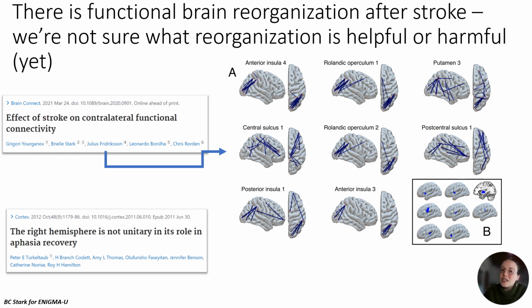In other words, the jury is still out, and it might differ based on a few factors. One of the factors that some think is most important is the right hemisphere becomes more involved early on after the stroke and perhaps less over time.